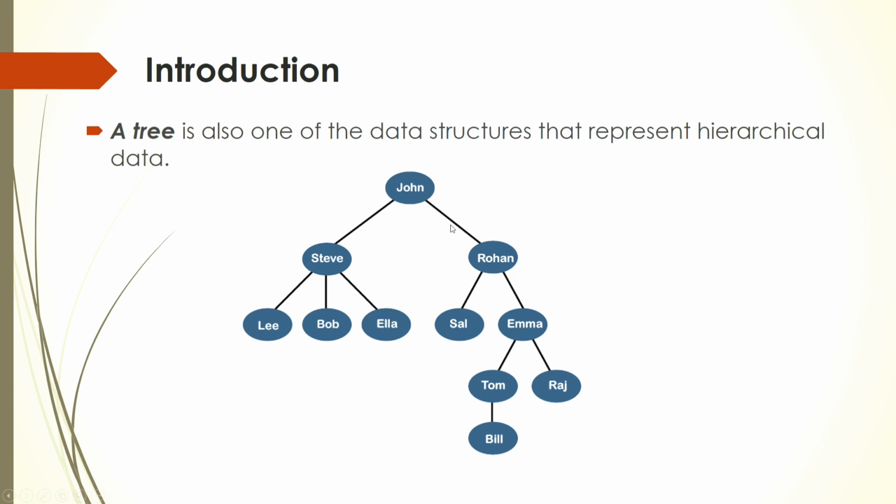In the above structure, John is the CEO of the company, and John has two direct reports named Steve and Rohan. Then Steve has three direct reports named Lee, Bob, and Ella, where Steve is the manager, and Bob has two direct reports named Sal and Emma.